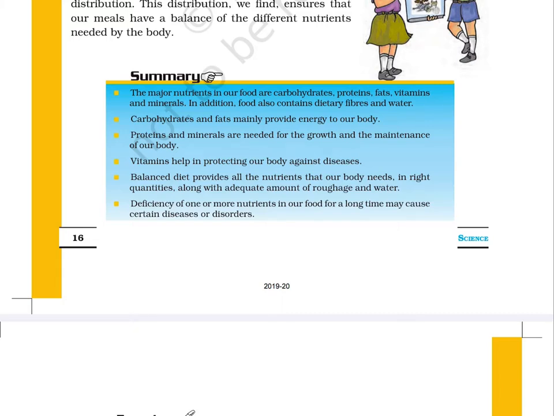Vitamins help in protecting our body against diseases. Balanced diet provides all the nutrients that our body needs in right quantities, along with adequate amount of roughage and water. Deficiency of one or more nutrients in our food for a long time may cause certain diseases or disorders.